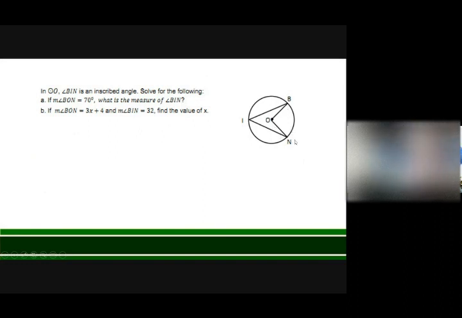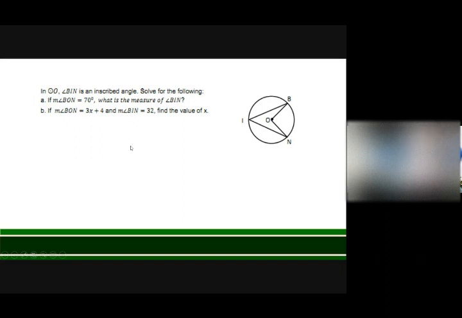If BON is 70, what will be the measure of your BIN? Actually, may idea na kayo rito kasi last time, ito rin yung na-discuss natin. Okay, sabi natin, BON daw is equal to 70. Let us solve for the value of BIN. No? Sabi kasi ron, the value of your inscribed angle is half the value of your central angle.